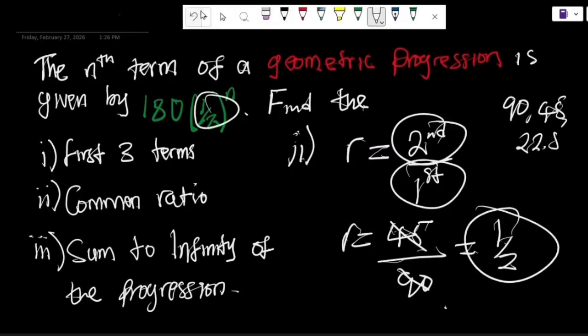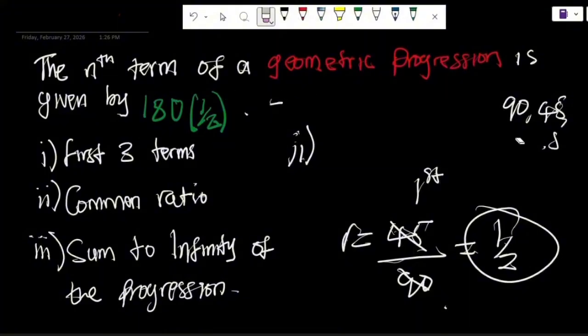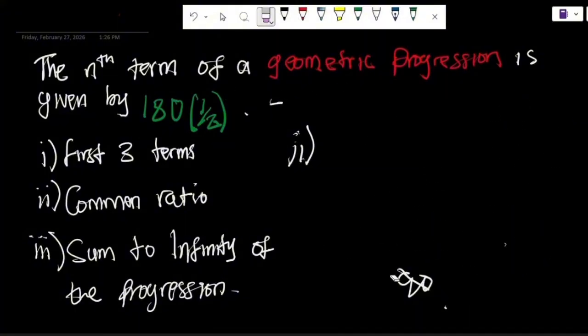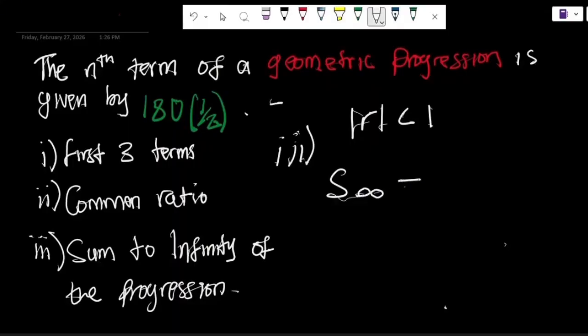Now what about the sum to infinity? How do we find the sum to infinity of this particular progression? Whenever you're finding the sum to infinity of a progression where r is less than 1, the formula is the sum to infinity equals a over 1 minus r.